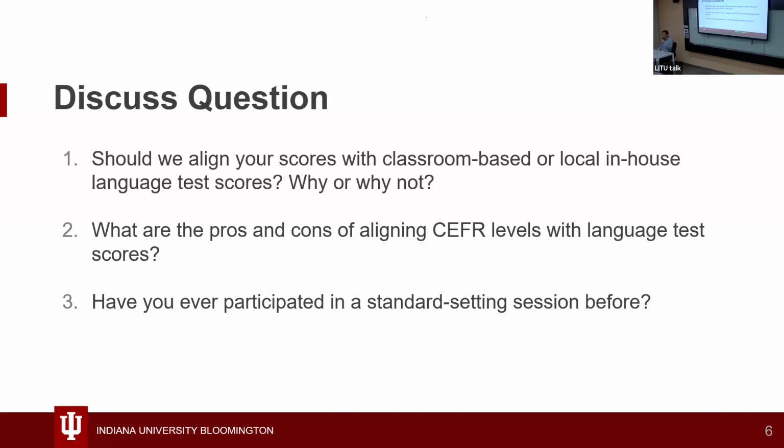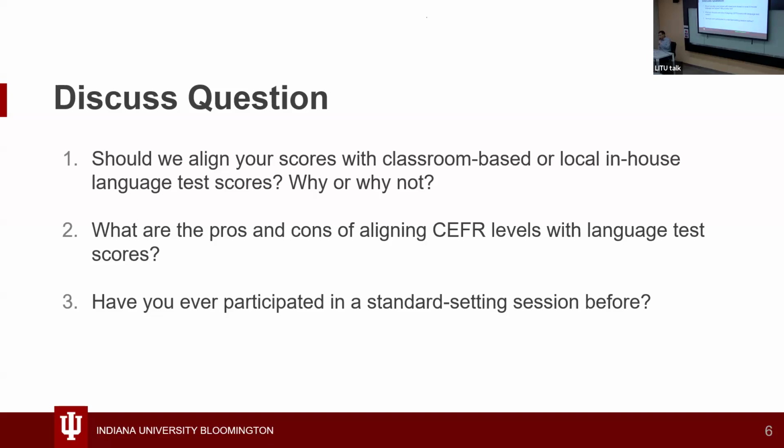For those participating in our session via Zoom who might not have heard what our in-person participant just said: the pros of aligning with CEFR levels are that it increases the relationship between the course content and the test content, and increases transparency. Your course objectives and activities can be compared with other sessions or schools.